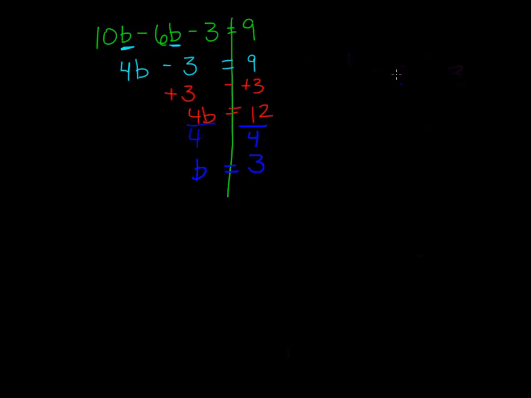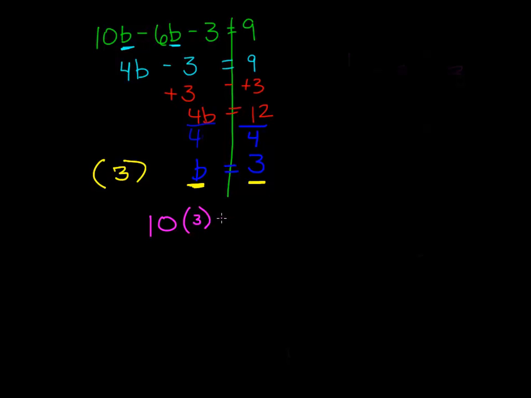Check step real quickly. Everywhere I see a b in my original, I'm now going to put a 3. If you're multiplying, go ahead and put a parentheses 3. Write it that way. Check step. 10, hey, there's a b. Parentheses 3.